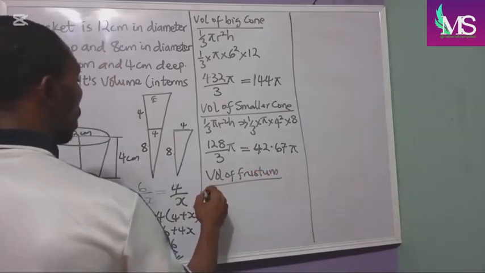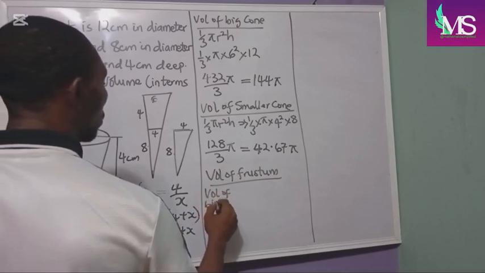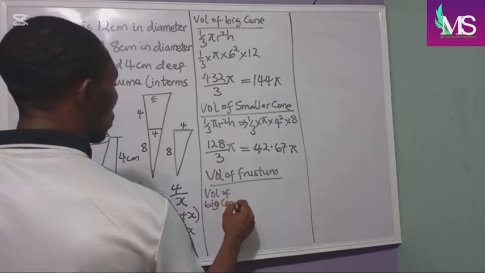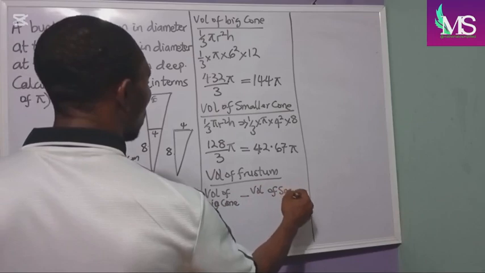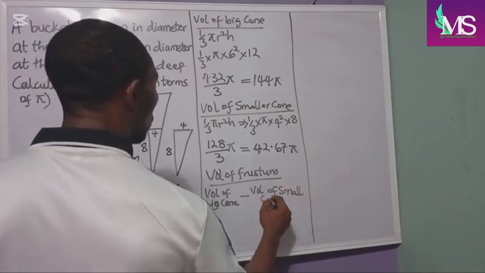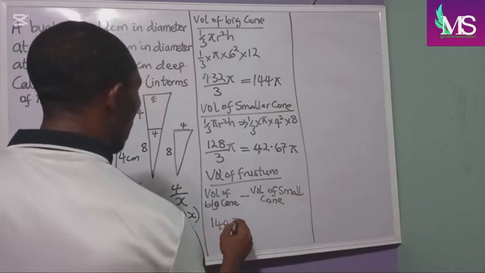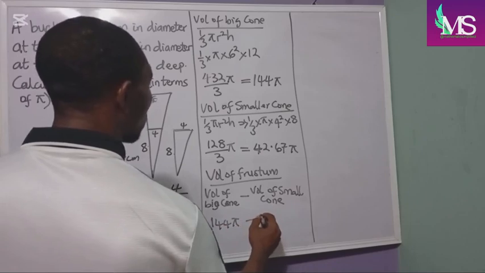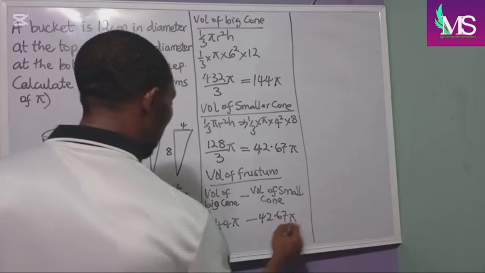Now, volume of frustum will become our volume of big cone minus volume of small cone, which is 144 pi minus 42.67 pi.